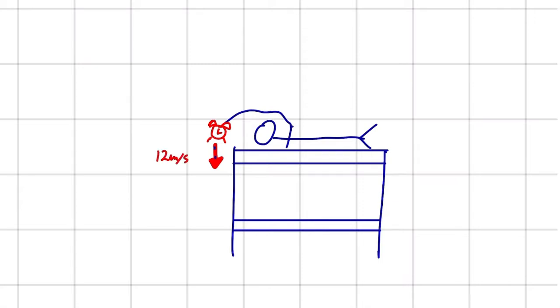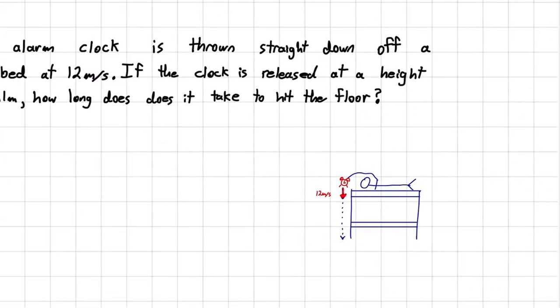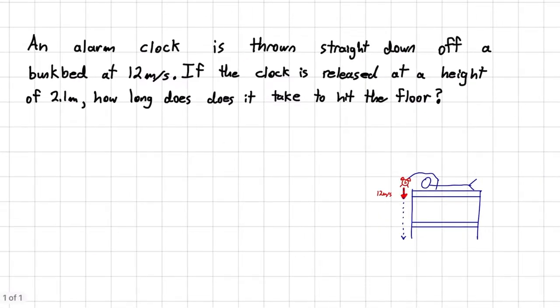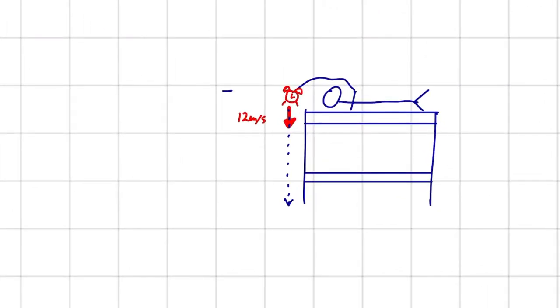And it is going to eventually hit the ground. And one more piece of information that we have is that the clock is released at a height of 2.1 meters. So from the clock to the ground, we have 2.1 meters.